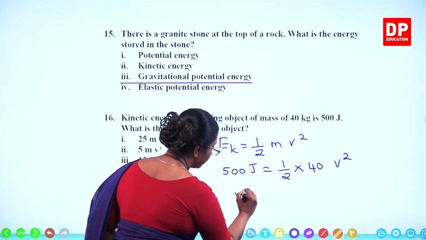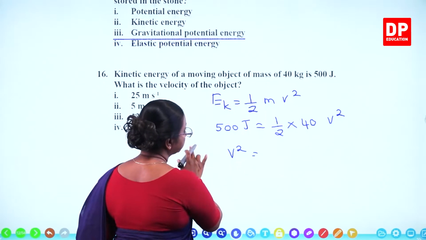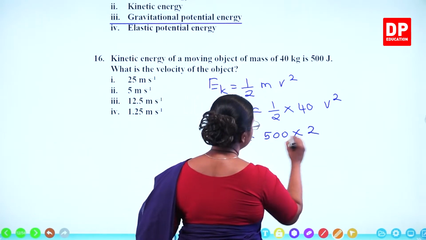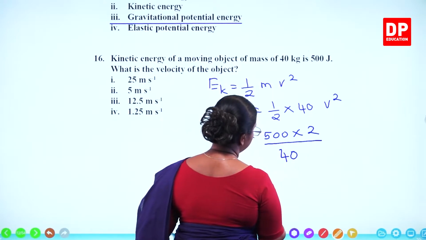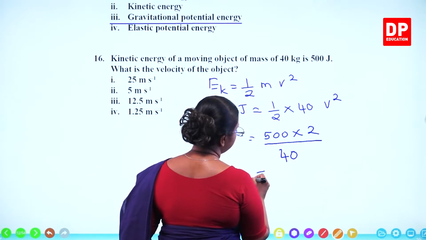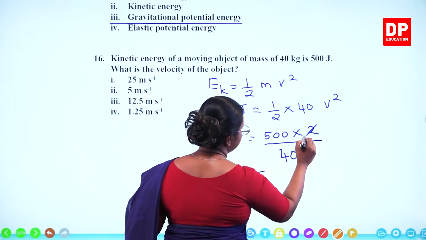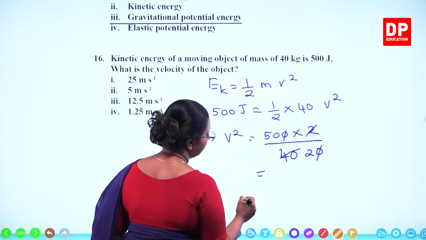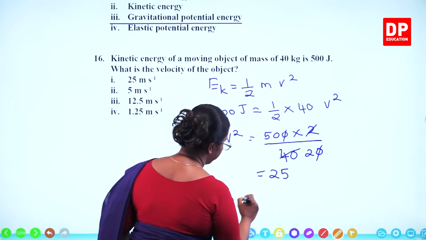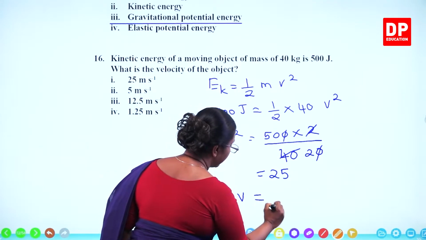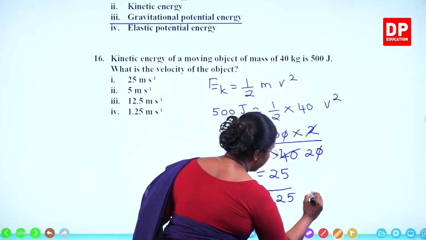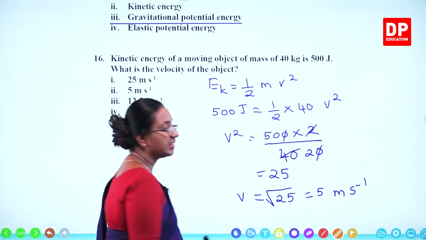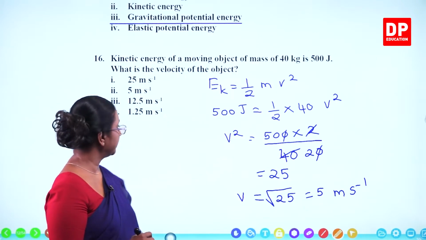If you rearrange, v squared is equal to 500 into 2 divided by 40. So that is going to be, you can simplify 2 and 40, 20, then 250 divided by 2, 25. So if we are to calculate v, that is root of 25, you all know is equal to 5 meters per second. That is the velocity, 5 meters per second.